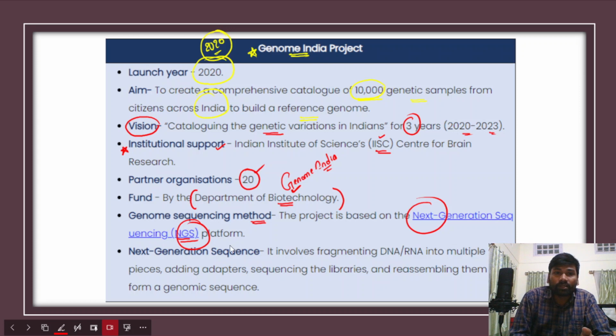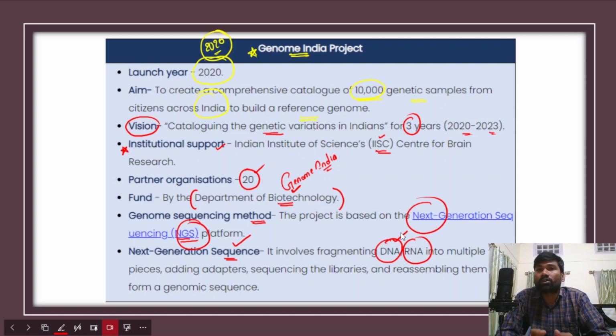Now, what is next generation sequencing? NGS is next generation sequencing, right? It involves fragmenting DNA or RNA, because the genome material is either DNA or RNA.